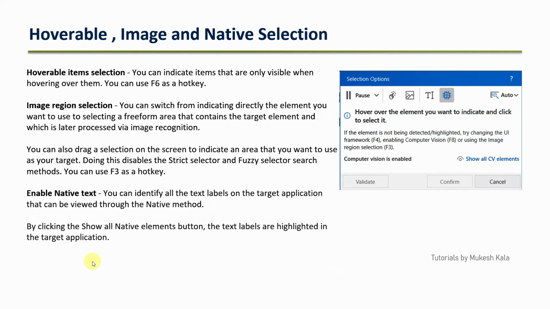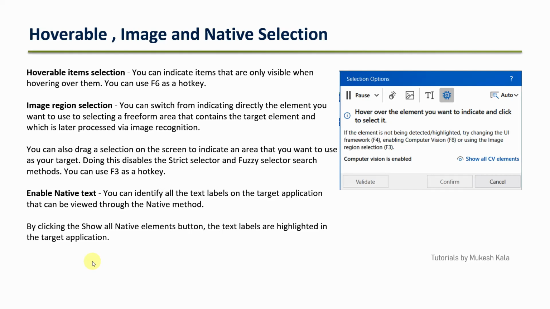Okay, moving ahead, we have the other options. Now we have hoverable, image and the native selection. By name it seems a bit difficult to understand, but let's try to understand it, right? The first one is hoverable item selection.